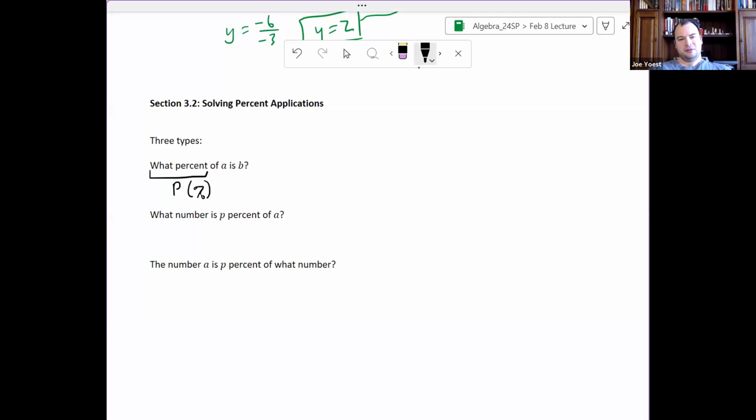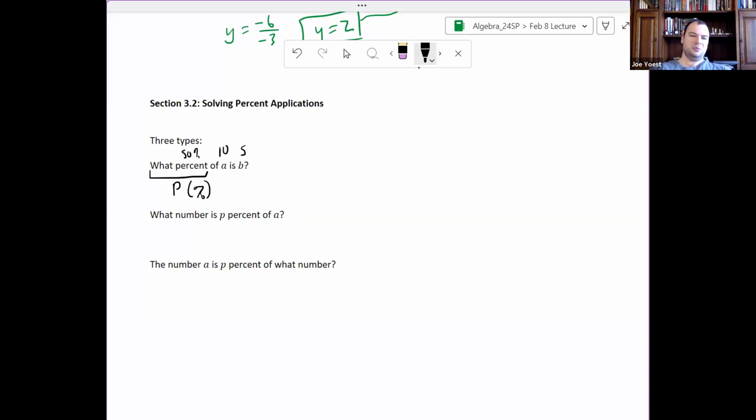One way to think about when we have an abstract question like this is to pick an easy problem. So I know that, for instance, 50% of, let's say, 10 is 5. How could I arrange those numbers into an equation?